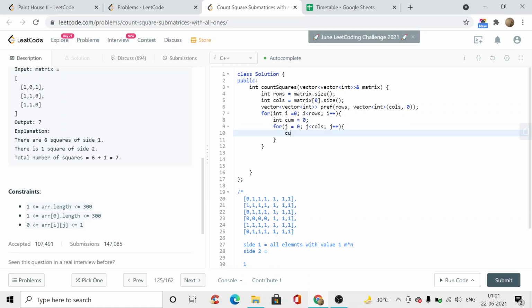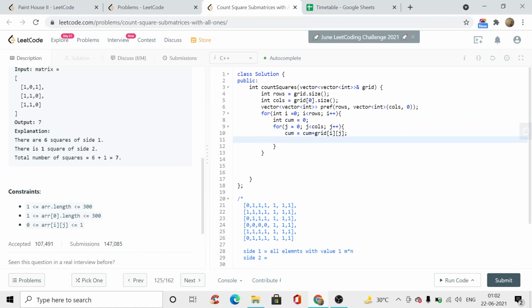And now cumulative is equal to cumulative plus matrix, let's make it as grid, grid of i of j. It's just going to be the cumulative of this row. Okay.